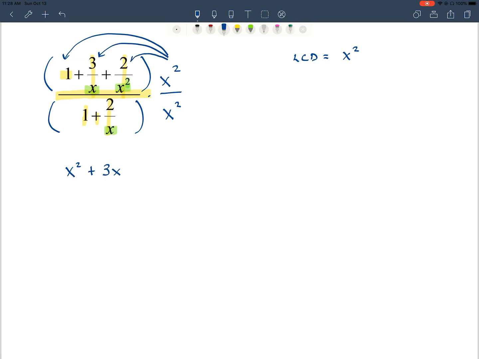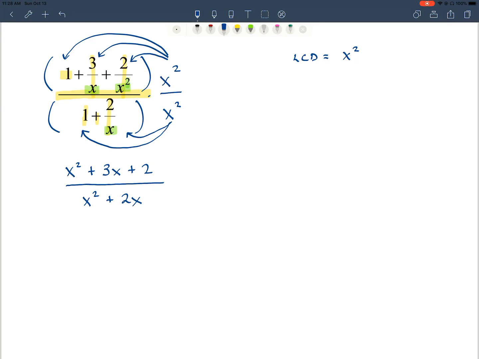And then x squared times 2 is 2x squared, and then we're going to cancel out the x squareds, leaving us with just 2. So we have x squared plus 3x plus 2. On the bottom, x squared times 1 is just x squared. And then x squared times 2 is going to be 2x squared, divided by x would be just 2x.